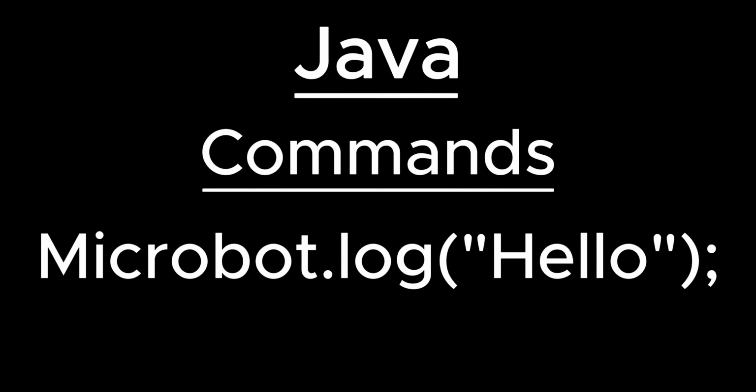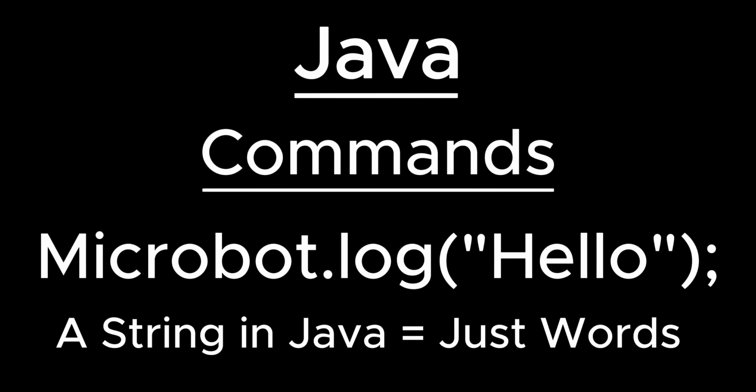So in this example of microbot.log, we want to have it print out a message. We could just write the message, but when you look further into what is required, it's a string message, and string messages in Java are given by quotation marks. A string is basically words, just words.